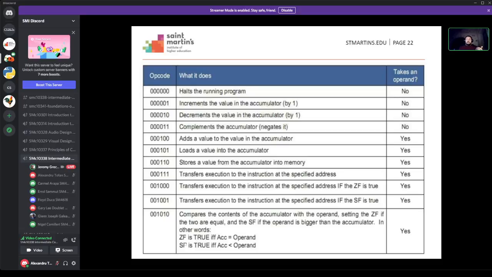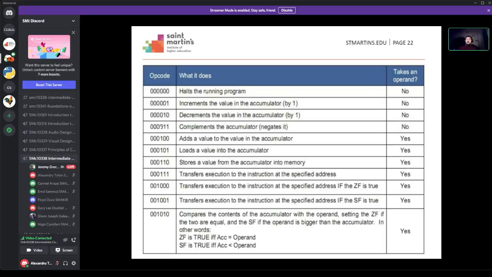In other words, if the 0 flag is set to true, then whatever you have in your accumulator is equal to your operand, and the sign flag is set to true if the accumulator is smaller than your operand. And again, you're going to require an operand. So as you can see, these codes are going to be the codes that we're going to be using in order to tell our computer what to do.